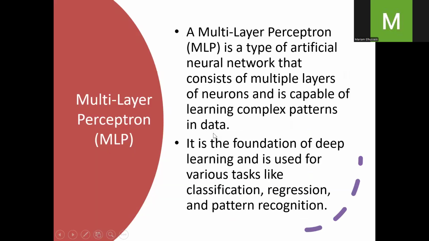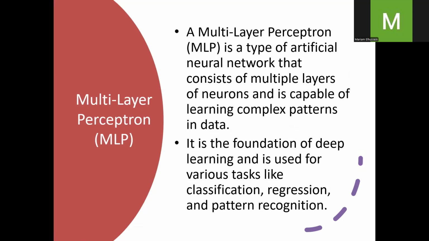Now, a multi-layer perceptron or MLP is a type of artificial neural network that consists of multiple layers of neurons. So it's not just multiple neurons; it's multiple layers of neurons. A single layer consists of multiple neurons, a second layer has another set of neurons, and so forth.